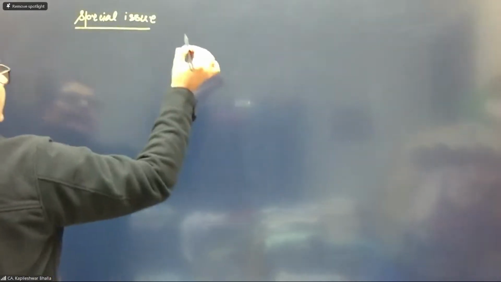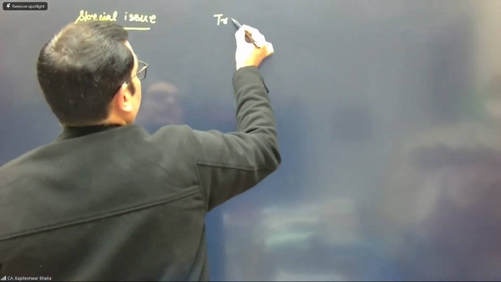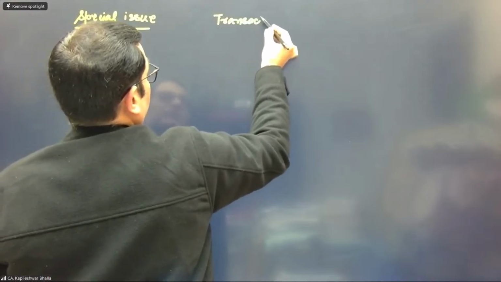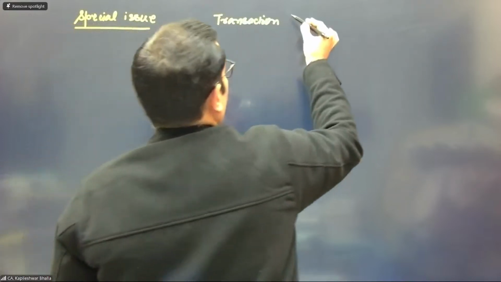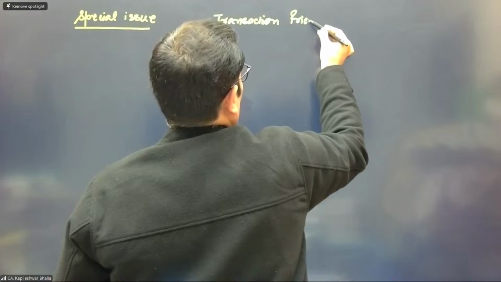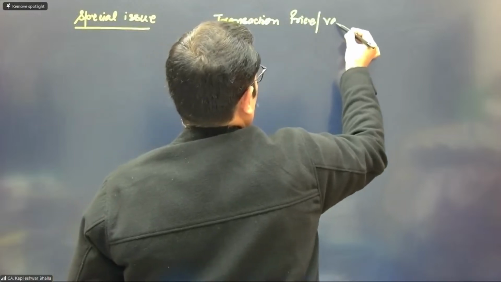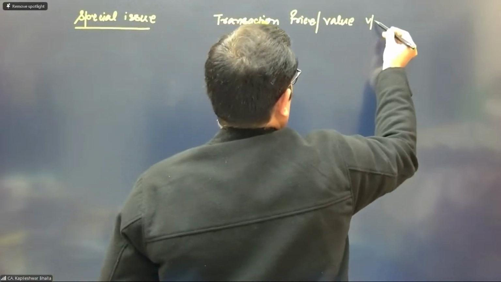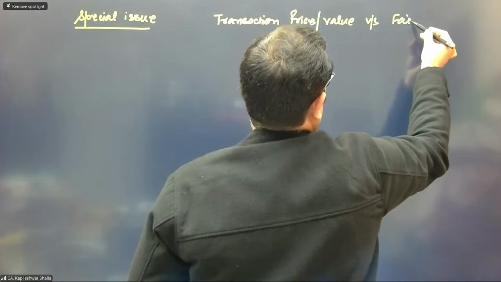So this is on the concept of, I would call it, a special issue. And we are looking at a difference between the transaction price or transaction value, whatever you call it, versus the concept of a fair value.